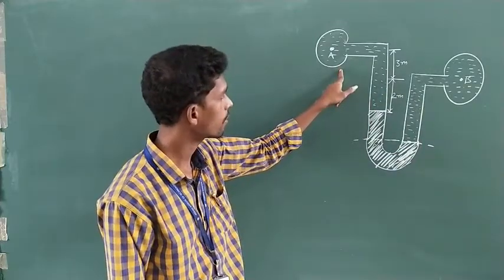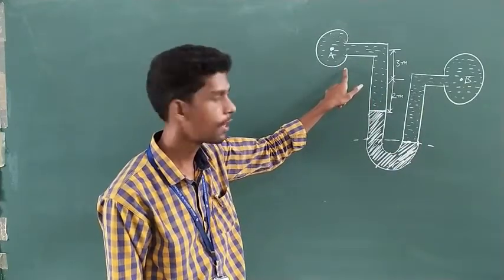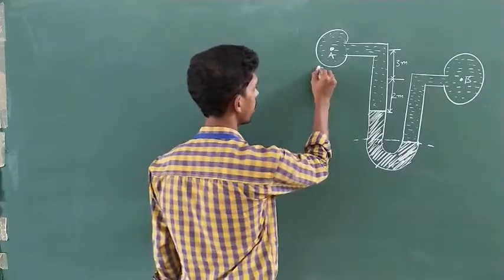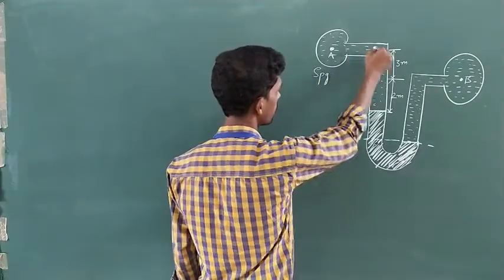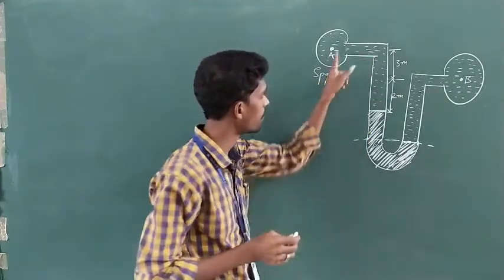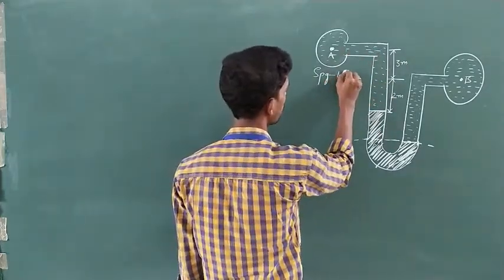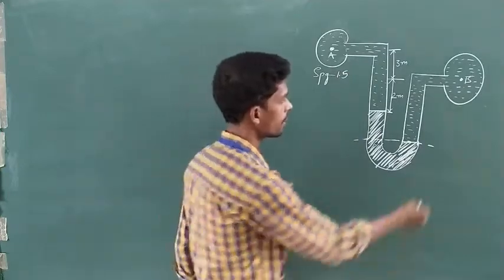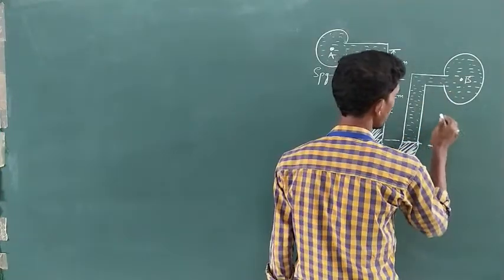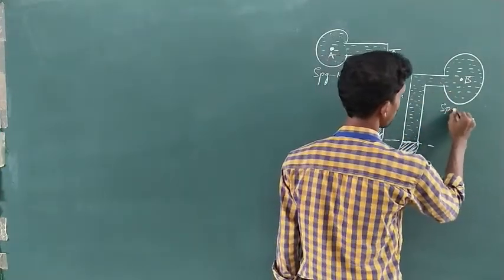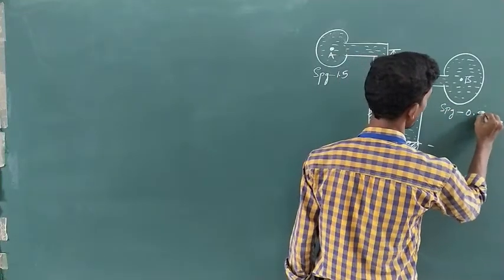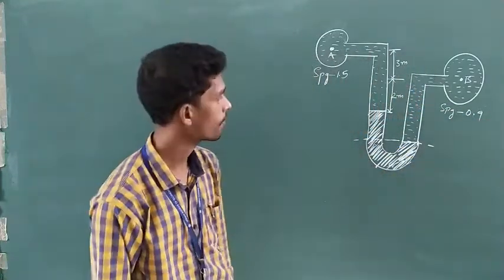So here, at point A, that means in this limb or in this tube, a liquid of specific gravity 1.5 is flowing, and in the right limb, a liquid of specific gravity 0.9 is flowing, right?